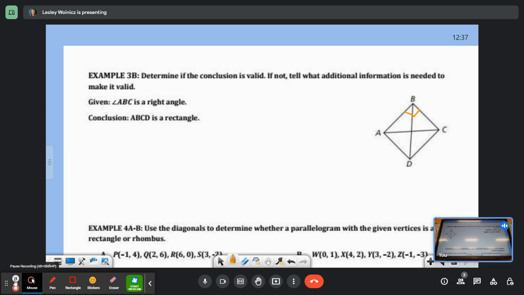We had a little blurb that said, okay, well, if we have one right angle that was interior, then we would know that it was a rectangle. But what was our starting condition? What did we already have to know about the figure? Look back in your notes.